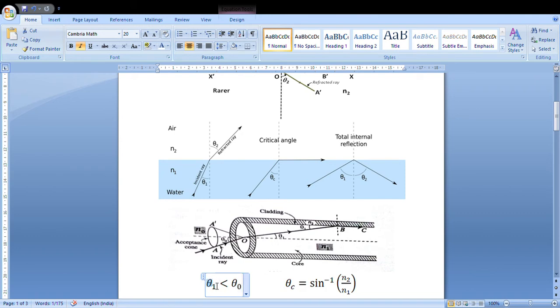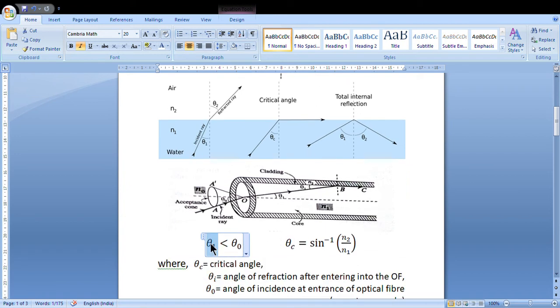This theta 1, which is the angle of refraction in the optical fiber, as soon as refraction takes place, should be lesser and lesser compared to that critical angle, such that light enters back into the system. So thereby your angle of incidence at the interface between N1 and N2 is 90 minus theta 1. So theta 1 should be as small as possible so that light gets back into the system.